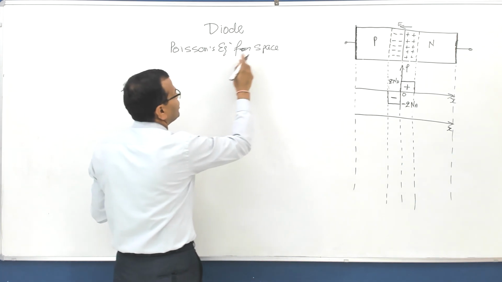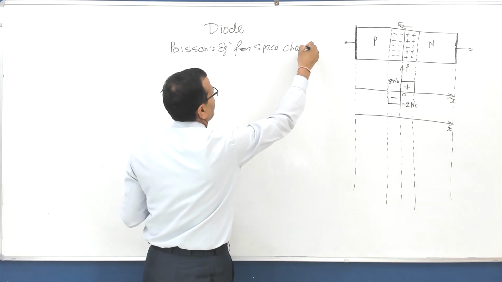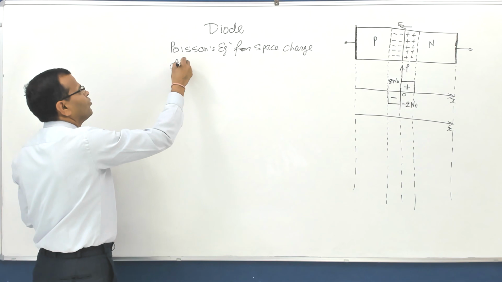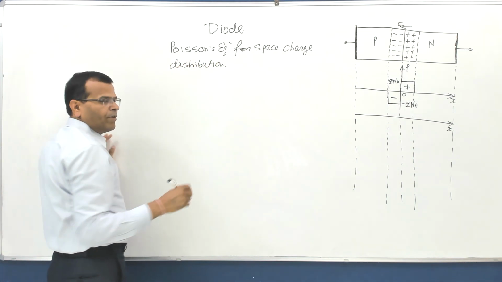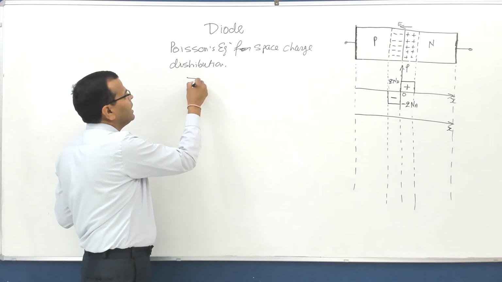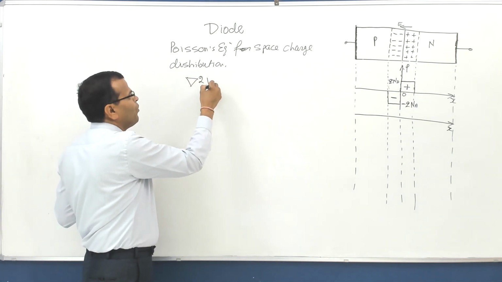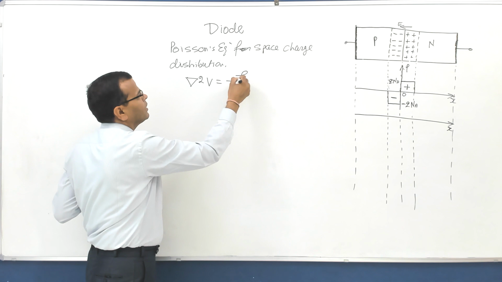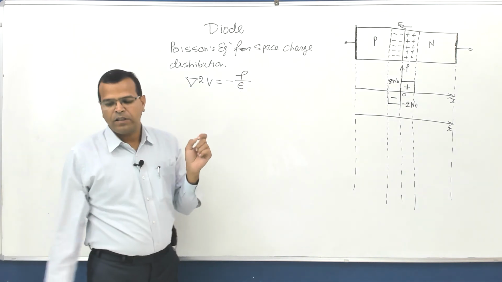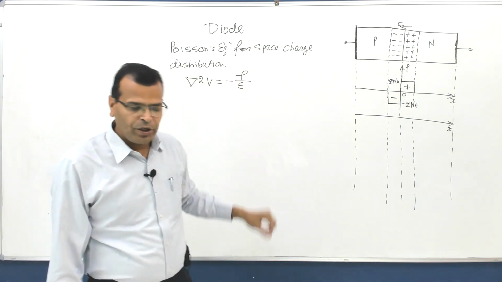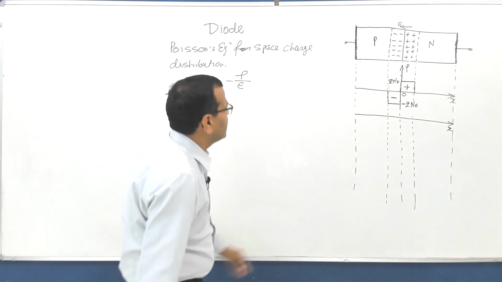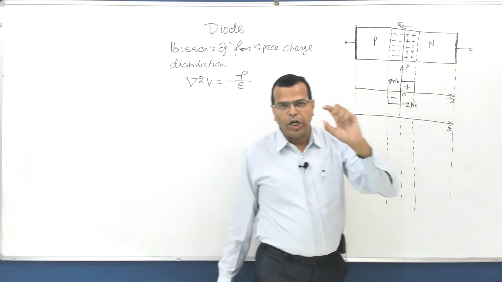So the Poisson's equation for space charge distribution is given by del square V is equal to minus rho by epsilon. This is nothing but your Poisson's equation for charge in the depletion layer.